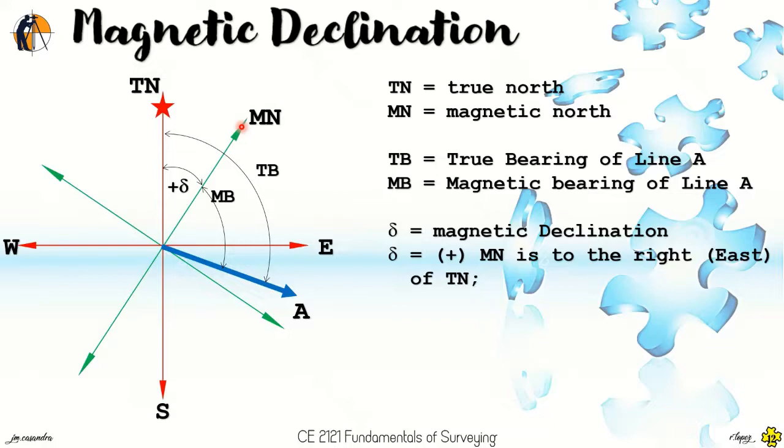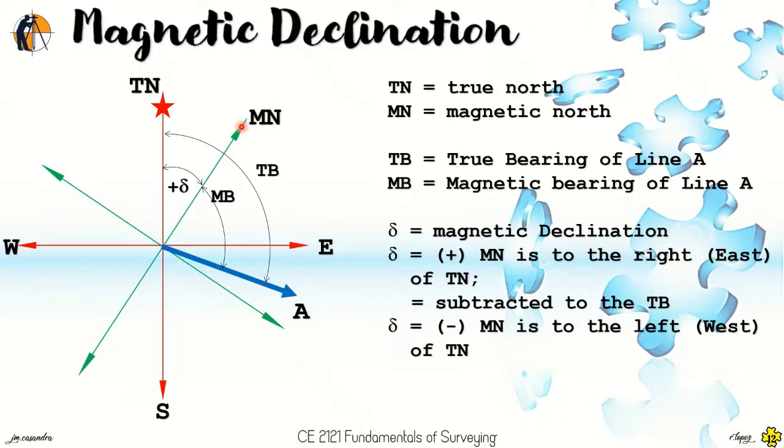So a positive declination is to be subtracted from the true bearing in order to achieve our magnetic bearing.